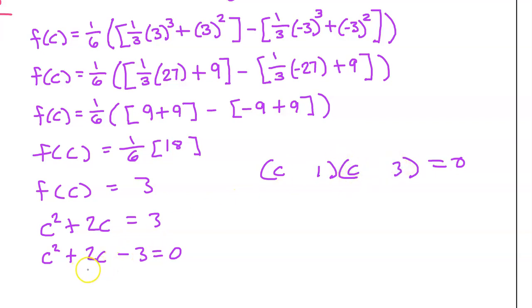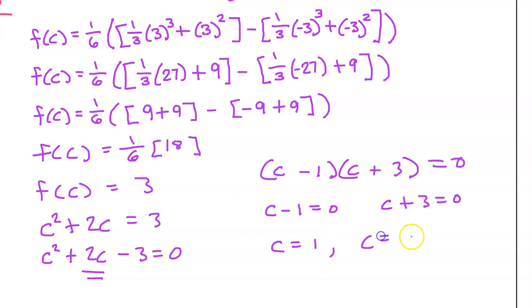We are shooting for a middle of 2c, so we will need a negative 1c and a positive 3c. Using the zero product property, we can solve by setting c minus 1 equal to 0 and setting c plus 3 equal to 0. This will give us c is equal to 1 and c is equal to negative 3.